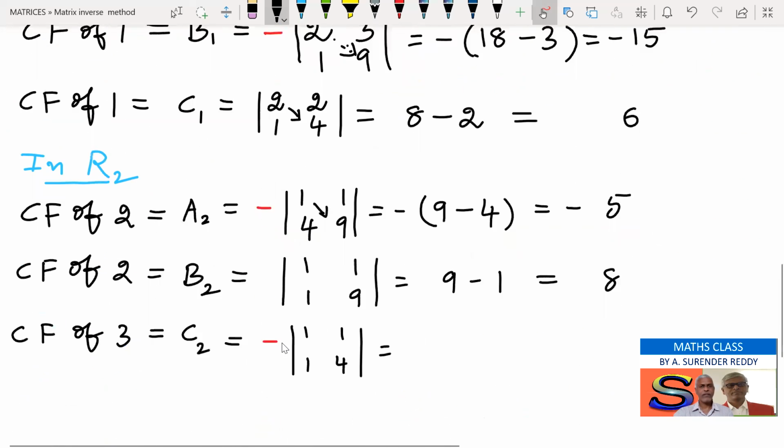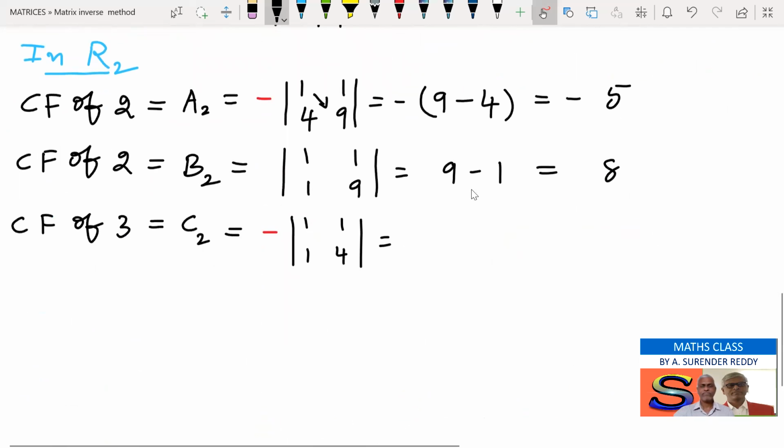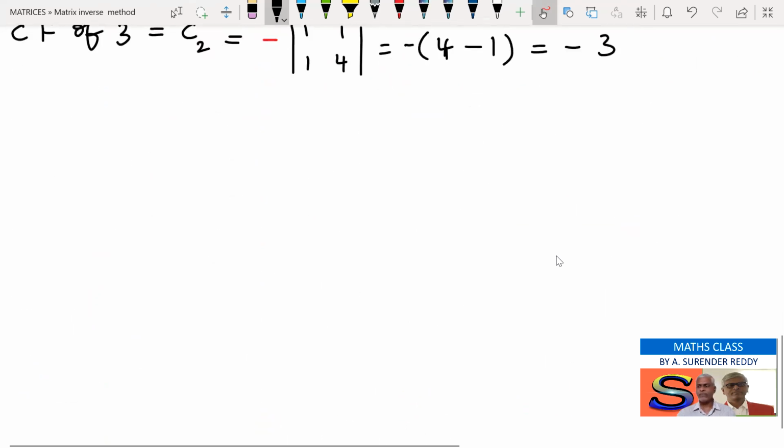The determinant is minus of 1 into 4, AD minus BC, 1 into 1. So minus of 4 minus 1, 3, that is minus 3. The second row cofactors are also over.